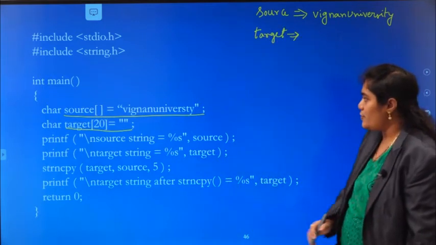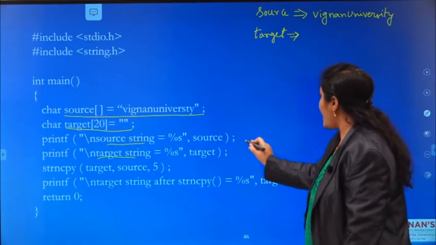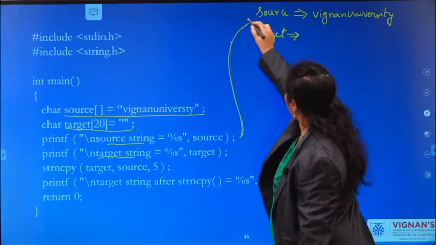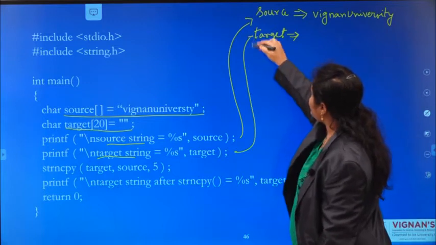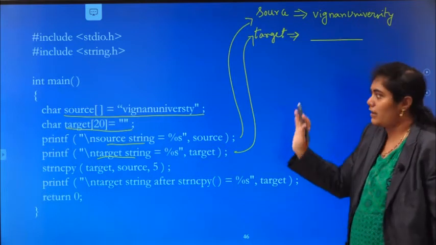So I am displaying my source string as well as the target string. At this point of time I can display source as Vignan University and target as empty, null. We did not have anything.